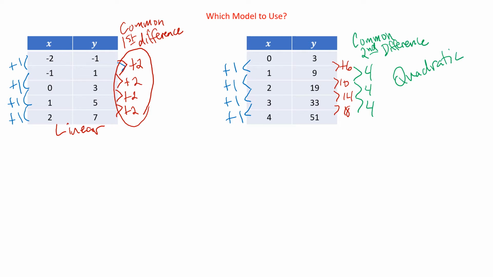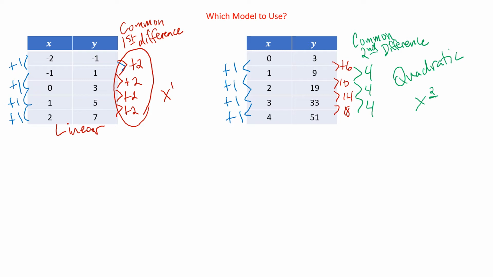Now remember, quadratic, we're looking at x squared, that squared for the second difference. Linear, we had x to the first for the first difference. If the second difference wasn't the same, and we found a third difference that was the same, it would be a cubic.